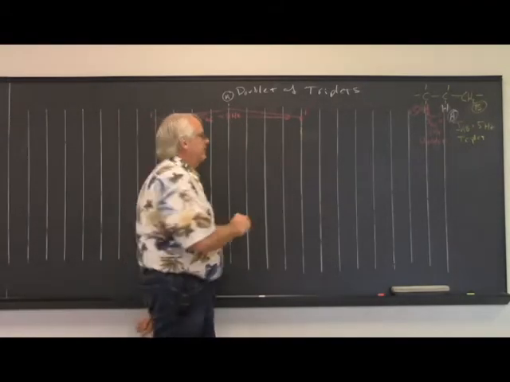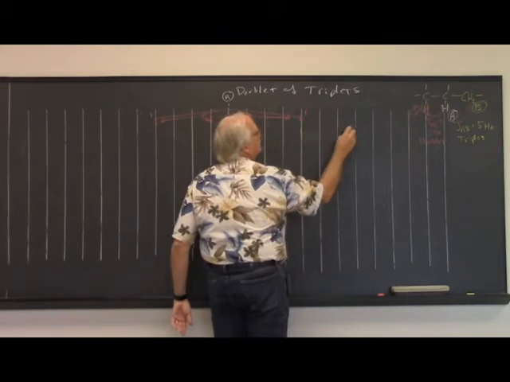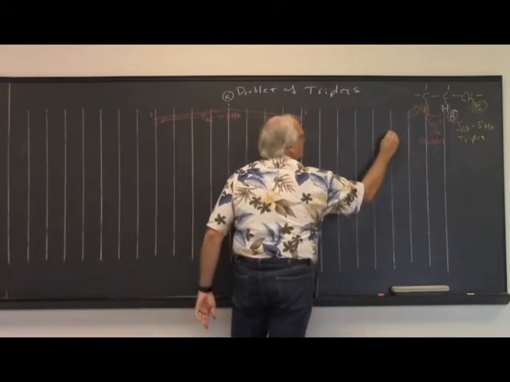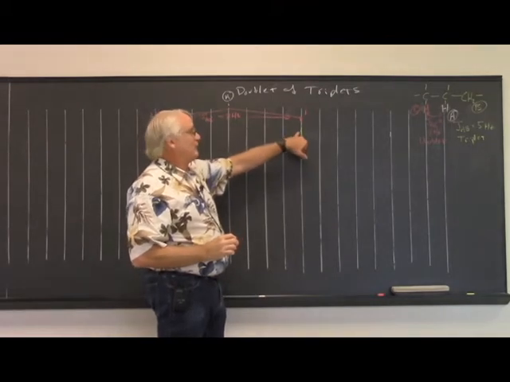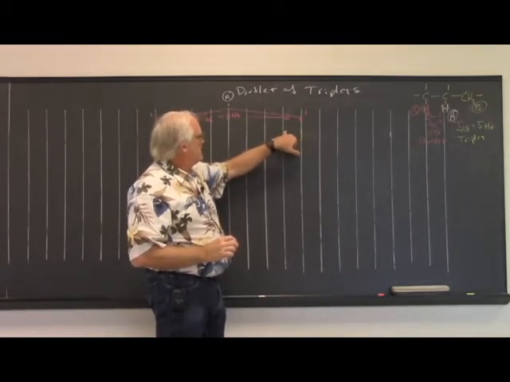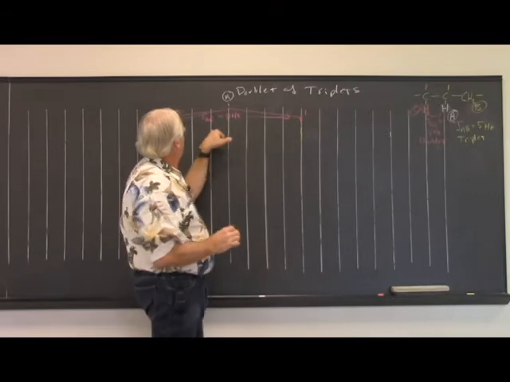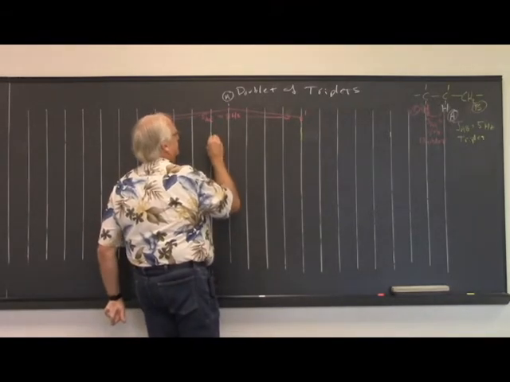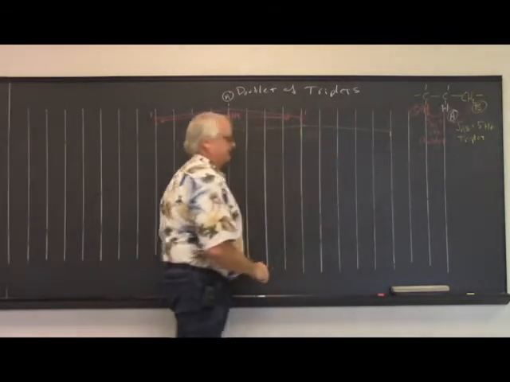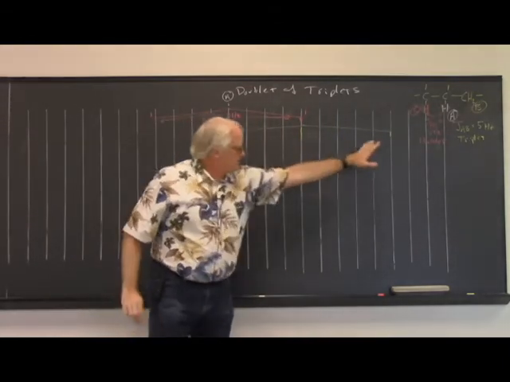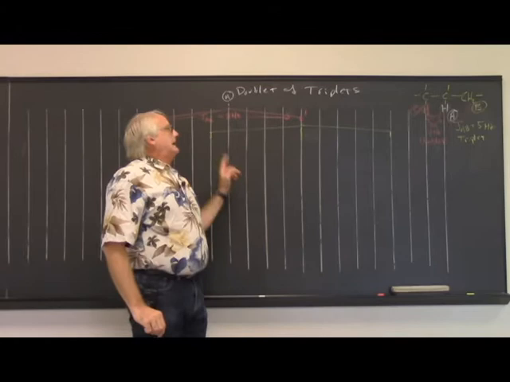For the triplets, I'm going to go 1, 2, 3, 4, 5, and mark that position. And then I'm going to go 5 the other direction. 1, 2, 3, 4, 5, and mark this position. And that are the 3 marks of the triplet.